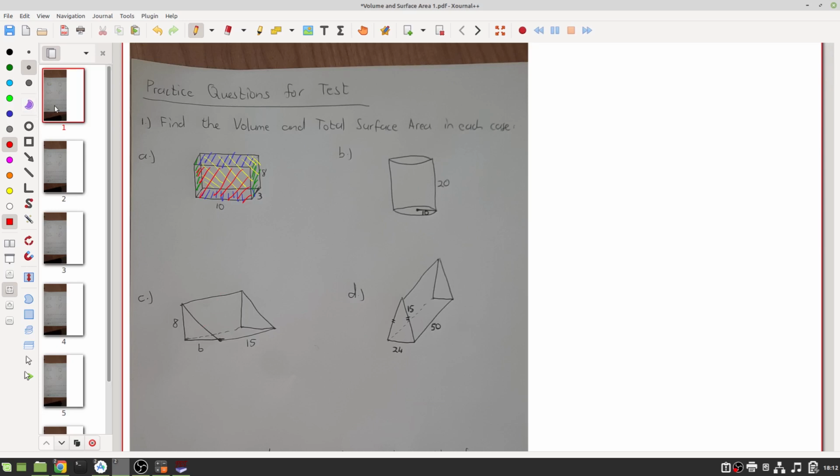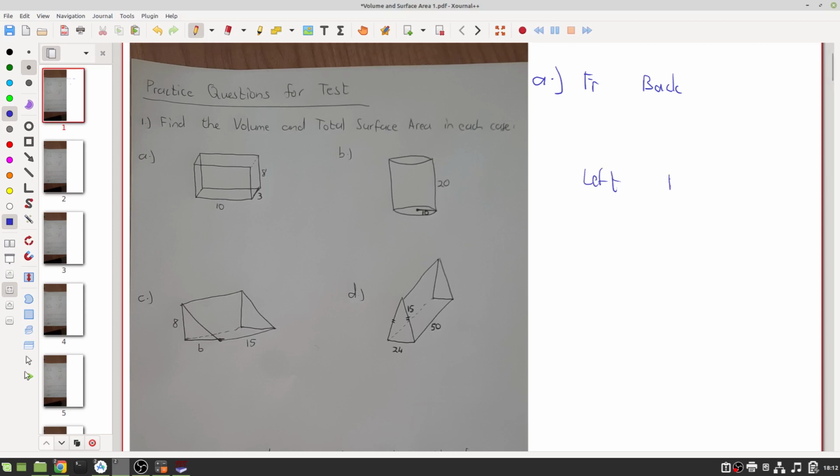Okay, so I'm gonna just clear that and then start coloring in again as we go along. So we want the total surface area. So for number A, we want the front, the back area, the left hand side, and the right. These are all the rectangles in our shape, right? Let me change colors for left and right.